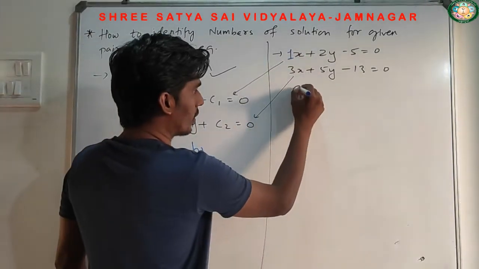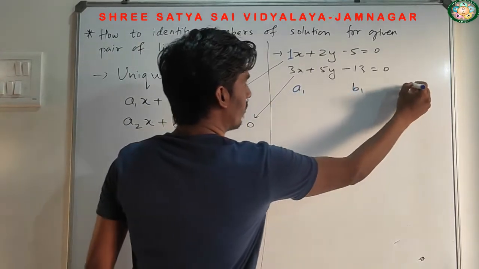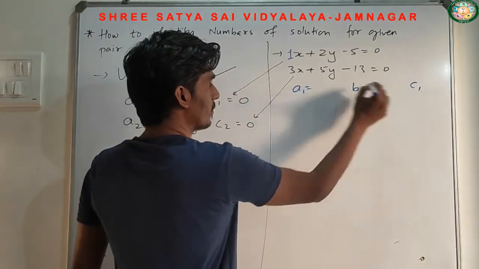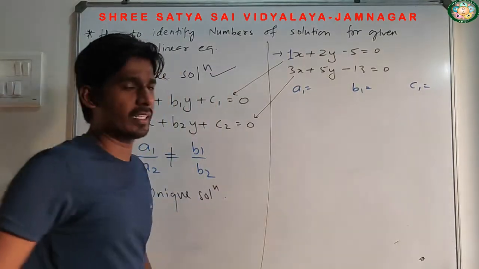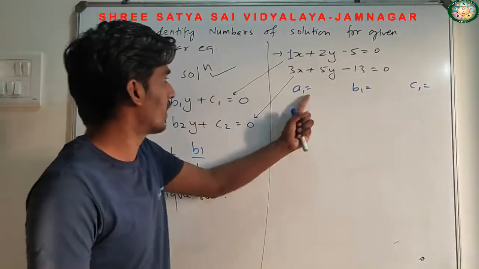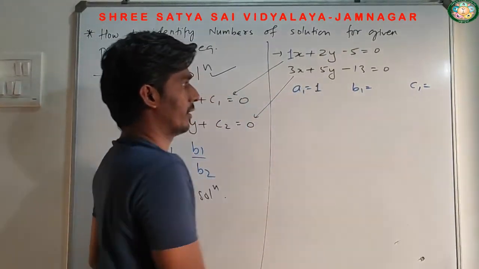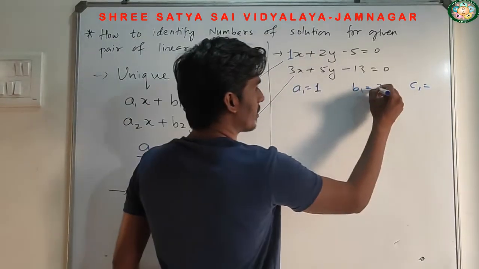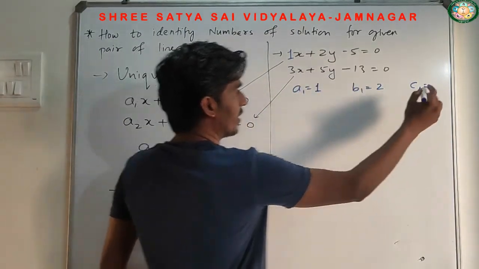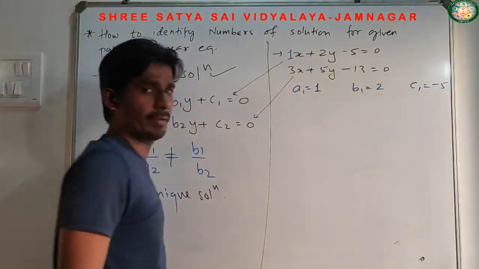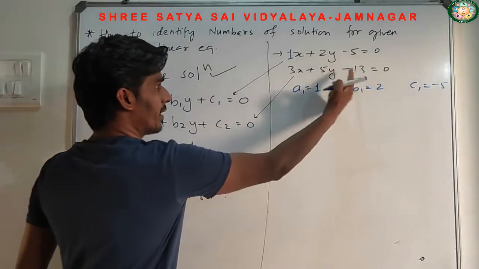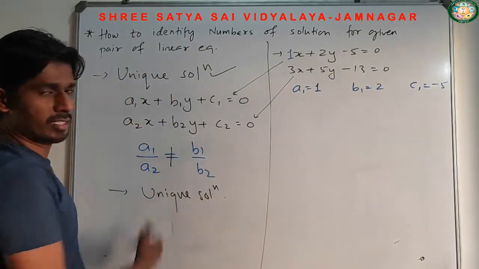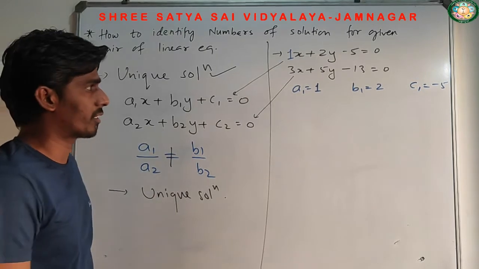So first I have to find a1, b1 and c1. What is a1 here? It's 1. What is b1 here? It's 2. What is c1 here? It's minus 5.